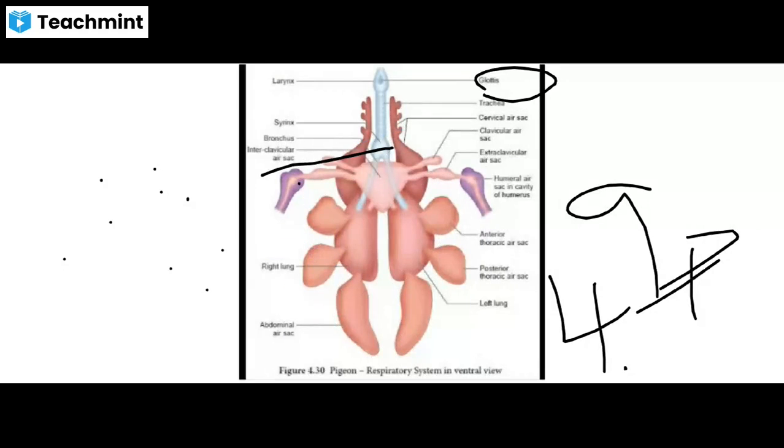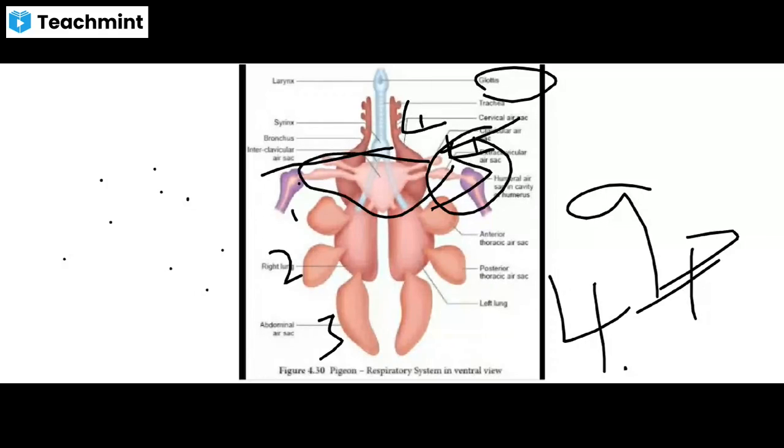First, second, third, and this is the fourth pair, and this is the fifth one. The fifth one is unpaired. Remaining are paired.